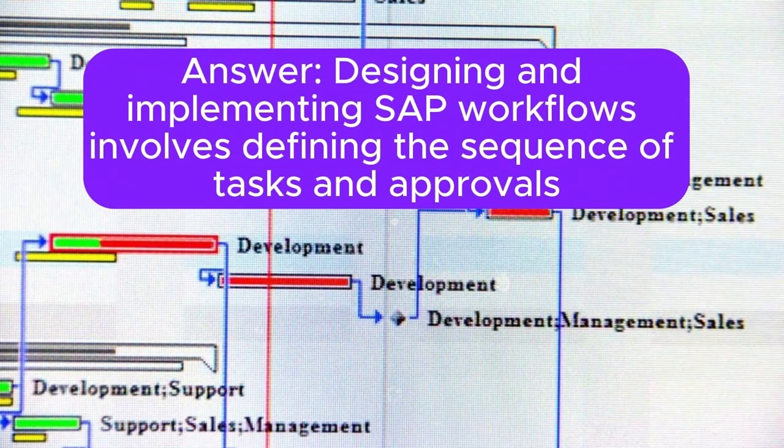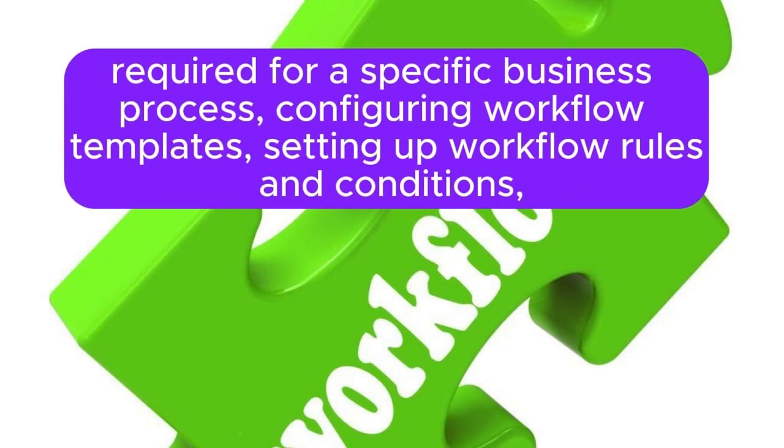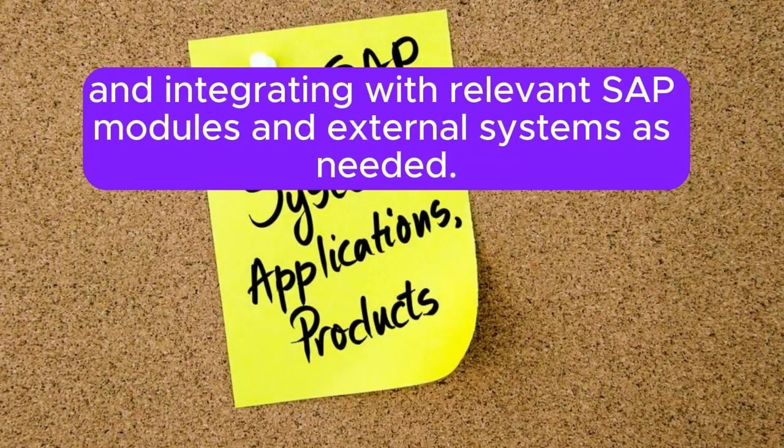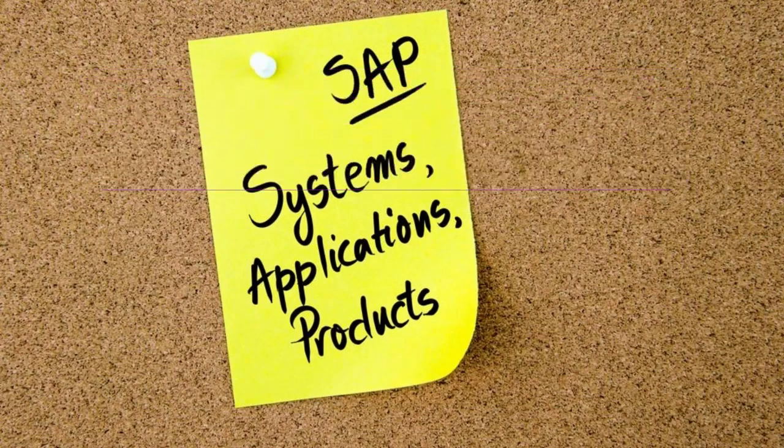Answer. Designing and implementing SAP workflows involves defining the sequence of tasks and approvals required for a specific business process, configuring workflow templates, setting up workflow rules and conditions, and integrating with relevant SAP modules and external systems as needed.